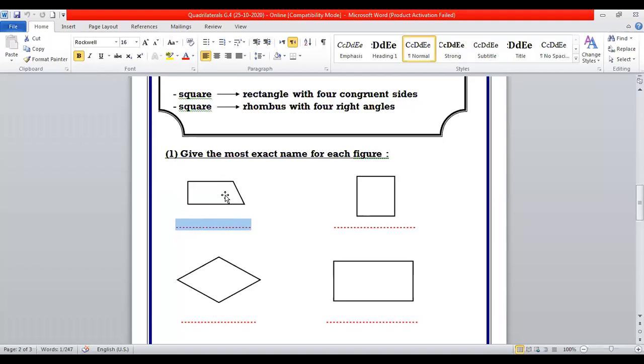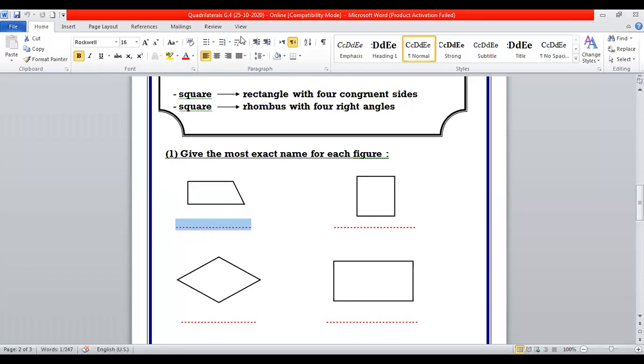Good morning. Rectangle, square, parallelogram, rhombus, trapezoid.